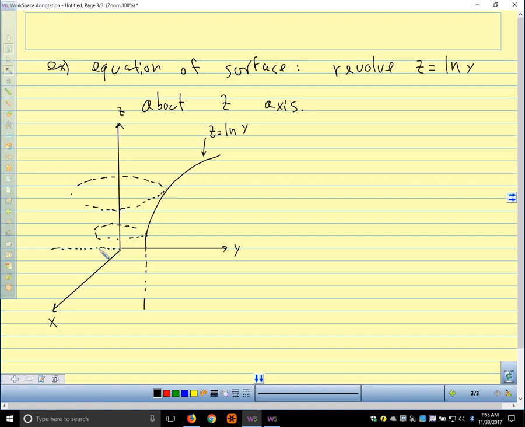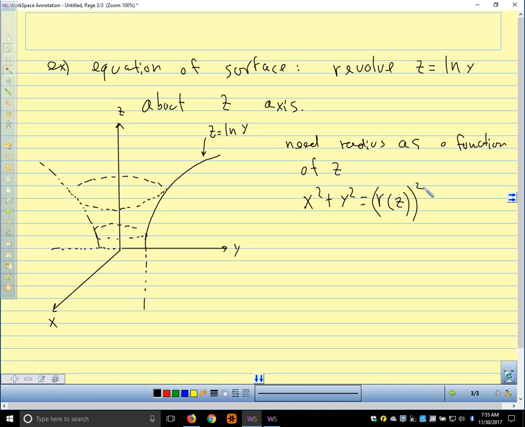If we revolve it, we'll have a similar curve over here, so we get this kind of funnel shape. If we revolve about the z-axis, we want our radius function, radius as a function of z, because we need x squared plus y squared equals r of z squared.